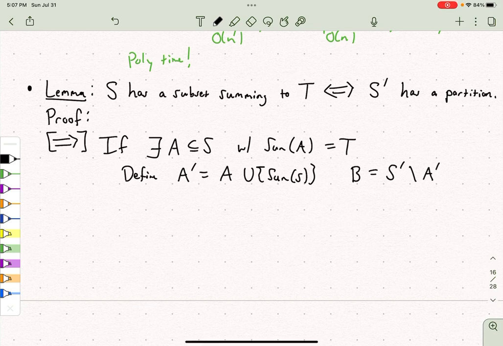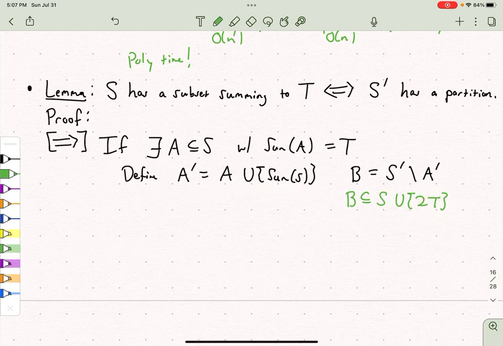In particular, notice everything in B is either in the original S, or it's the element E. So B is contained in S union the set {2T}. So each element's either in S, the original set, or it's the number 2T.